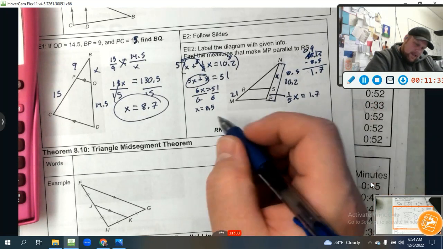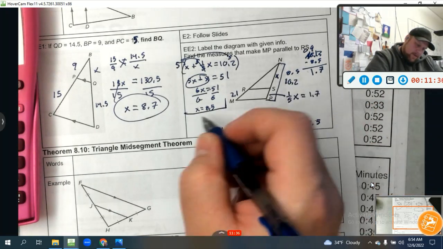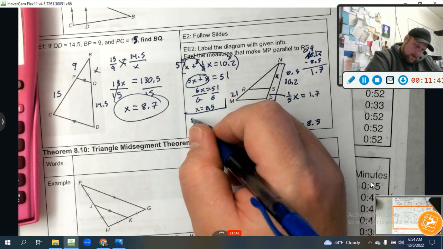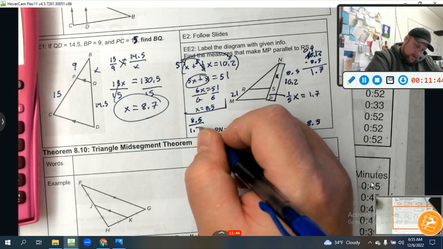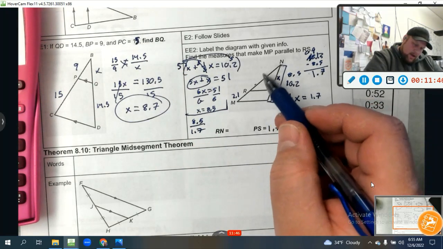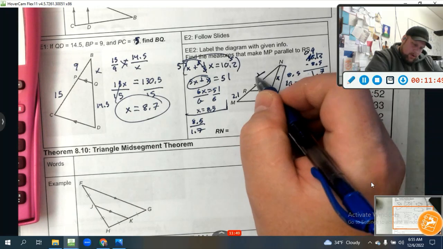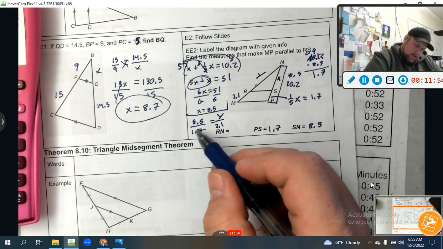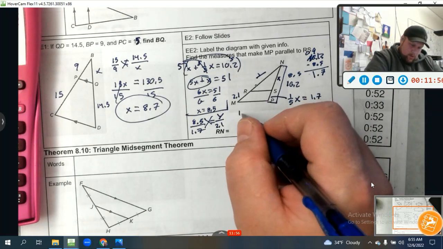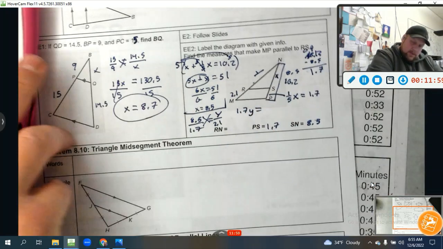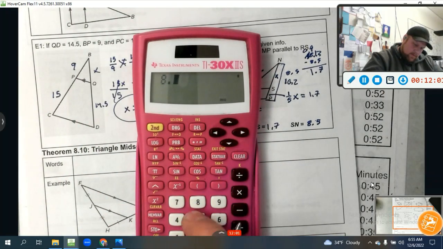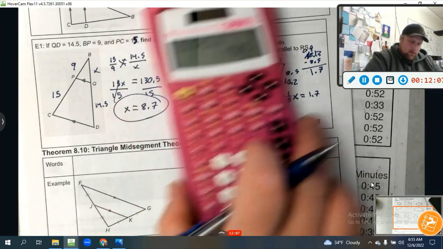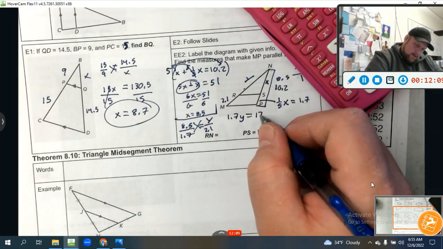I can say 8.5 over 1.7. Now I need to find out this big length. Let's give it a different variable. We'll call it y, is equal to y over 2.1. And when I cross multiply, I get 1.7y equals, and what's 8.5 times 2.1? 17.85.